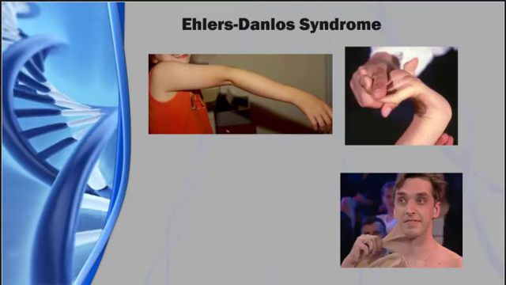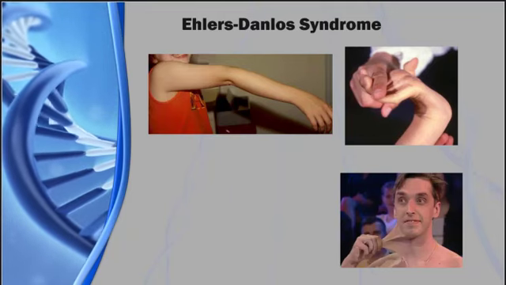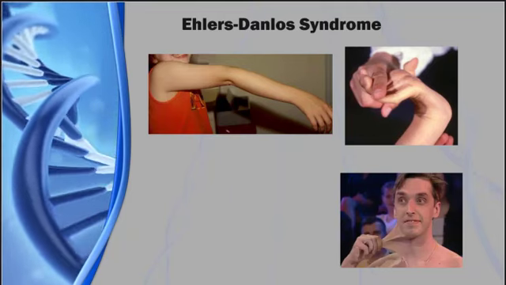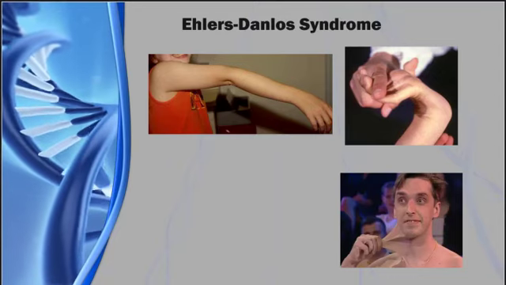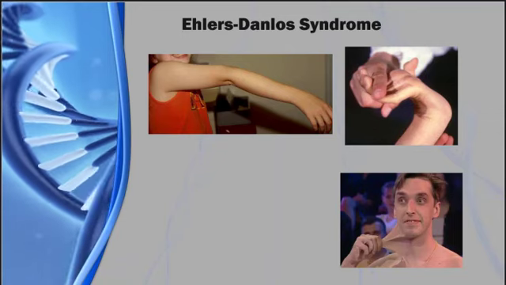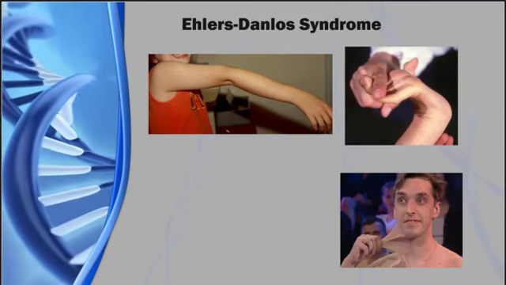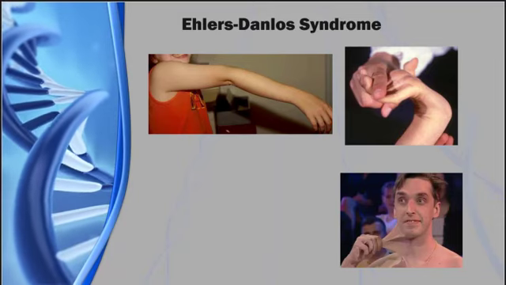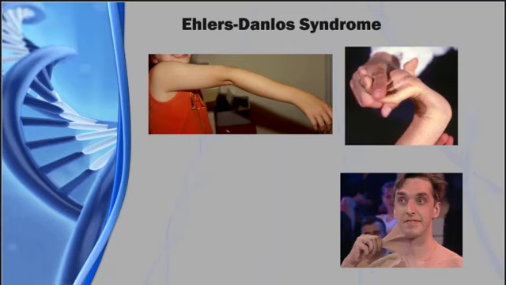Ehlers-Danlos Syndrome is the last of the syndromes that we're going to discuss in this video. Ehlers-Danlos Syndrome is a group of more than 10 different inherited disorders with various patterns of inheritance. This is going to involve a genetic defect in the collagen and connective tissue, and it's going to affect the skin and the joints and the blood vessels.